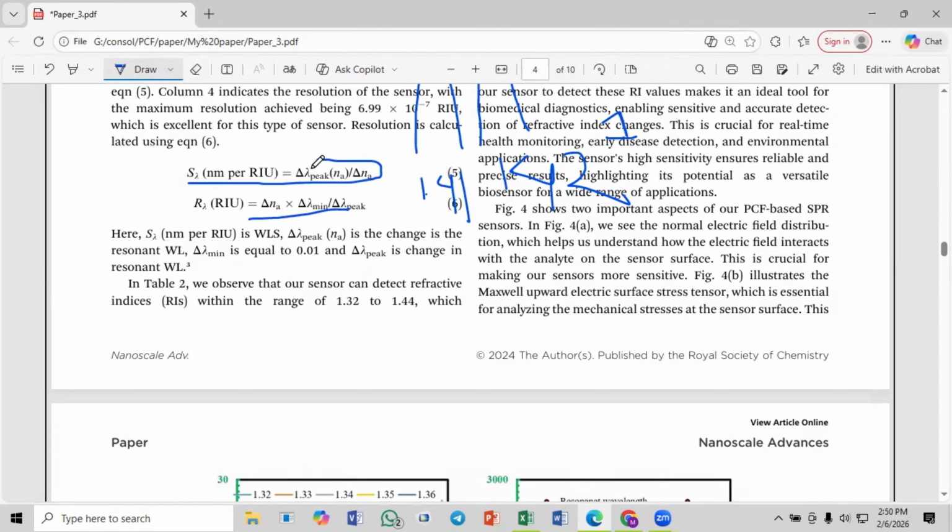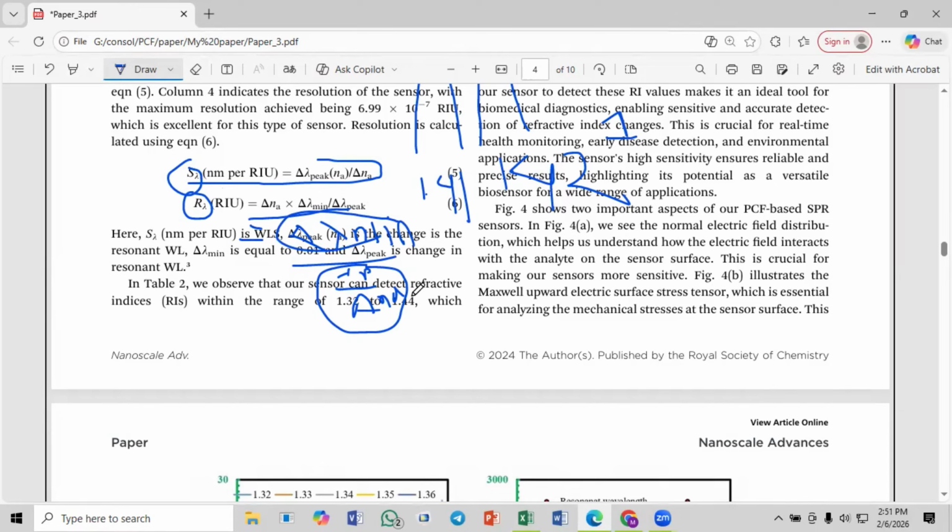If we rearrange it, it becomes del lambda minimum divided by del lambda peak divided by del n. So this is wavelength sensitivity, and the equation of resolution is something divided by wavelength sensitivity.